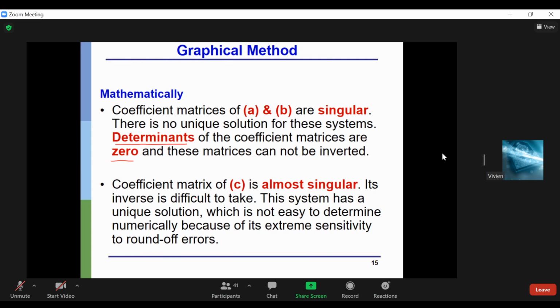Now, if we look at the ill condition problem, we can say that an ill condition matrix is almost singular. So it has a unique solution, but it's not really easy to get because it's extremely sensitive to round-off error.